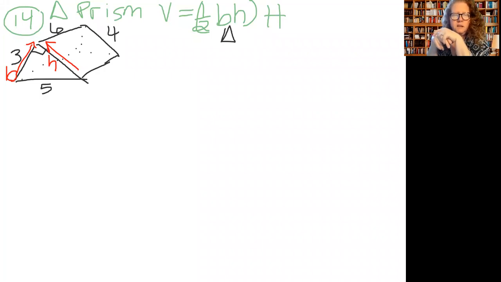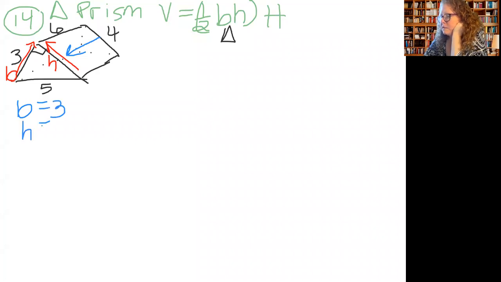Would the H be, thank you, Nathan, 6, 4, or 5? A few people have gotten it. Okay. So looking at it, this is the same number as that, because it's our parallelogram. So B equals 3, little b of my triangle. The H of my triangle is 4.